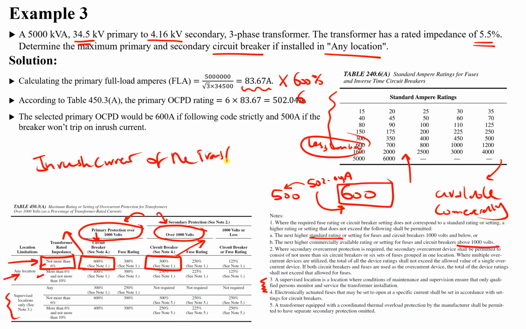That's why we oversize the circuit breaker and fuse, because I don't want my breaker to trip. That's why the size is 600%. Now if I selected the 500 ampere and the transformer didn't trip, then I can use the 500 instead of the 600 amperes. If it trips, then I have to select the 600 amperes.